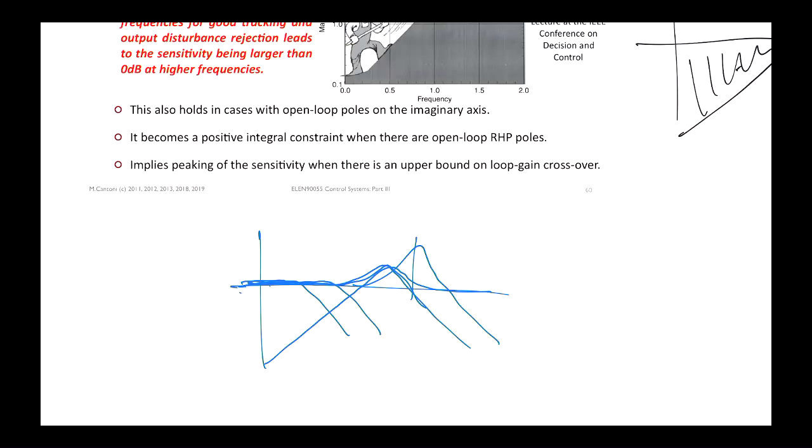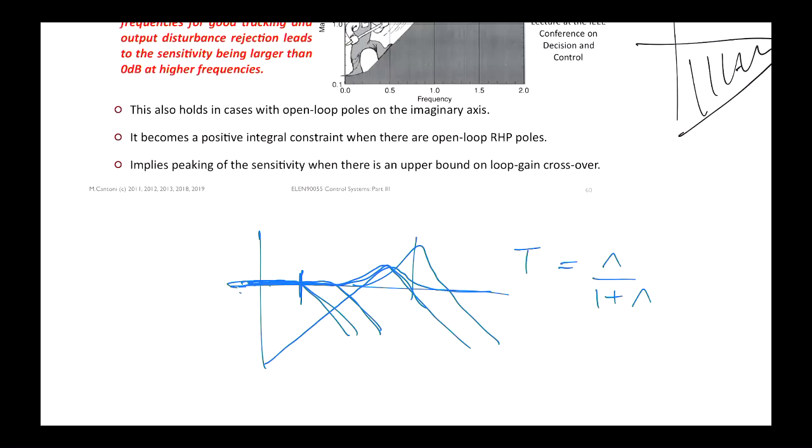We can think of the complementary sensitivity function T in terms of second order dynamics. If you have something that rolls off like this without peaking up as a second order system, then the frequency where it starts to roll off tells you about how fast the transients die away in a step response.